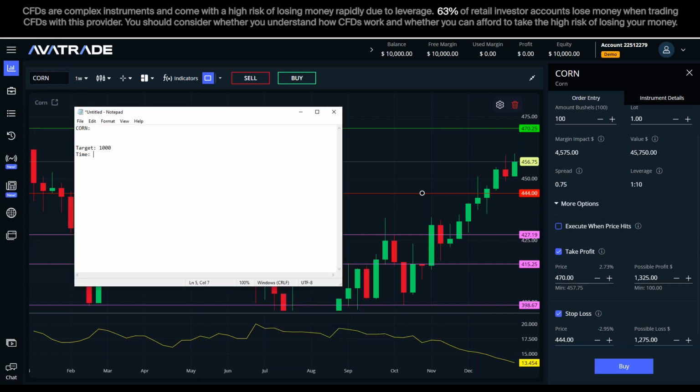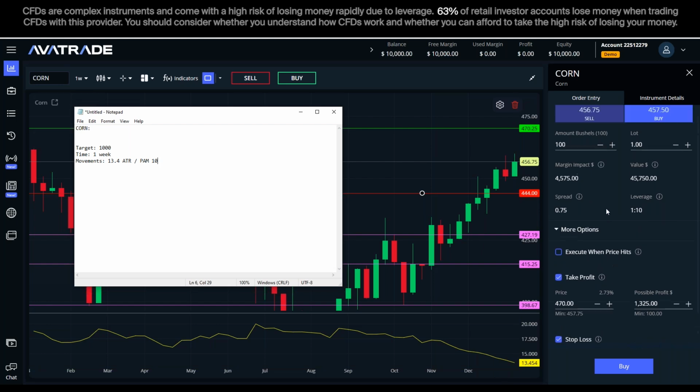What we can do is write down ATR, and I'm also going to adjust it a little bit to have a round number. So I'll go for a potential average movement of 10. Of course, 10 is in the range since 10 is lower than 13.